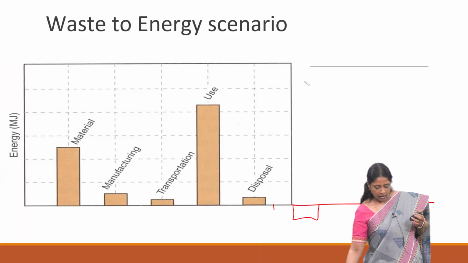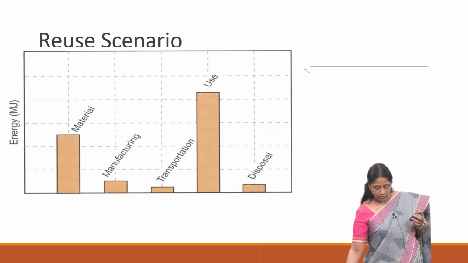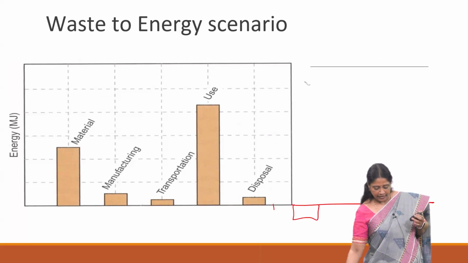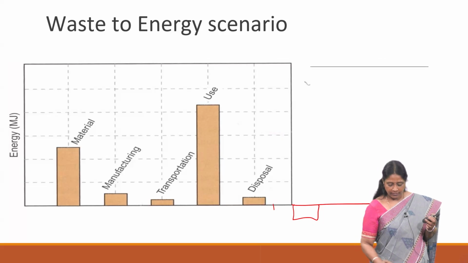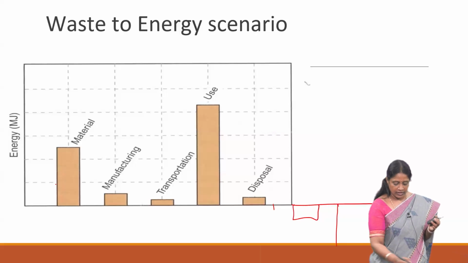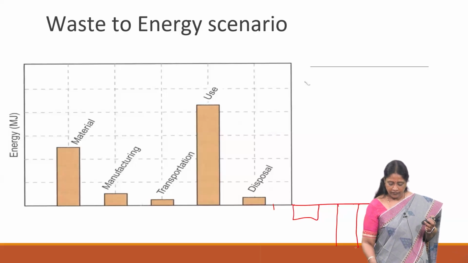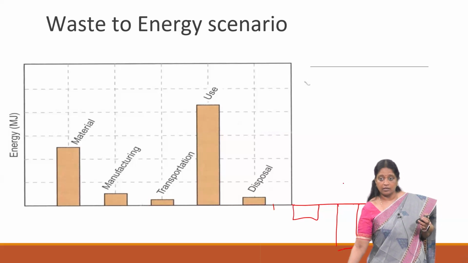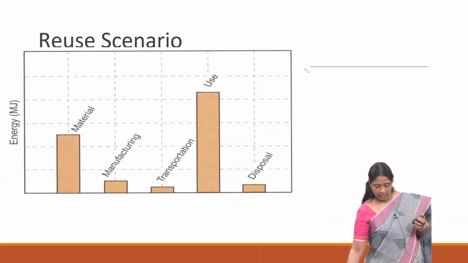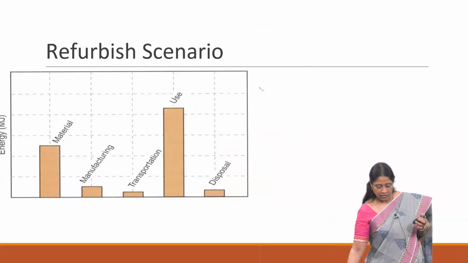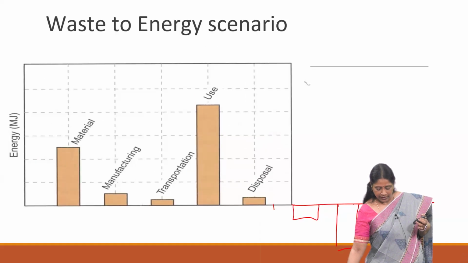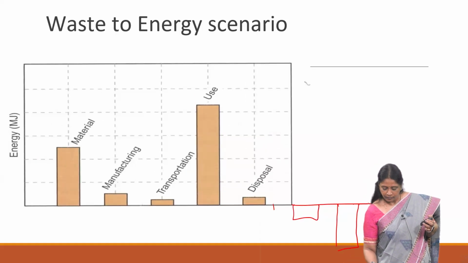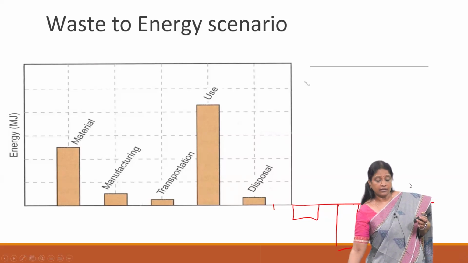So if you're looking at reuse scenario, you're getting the entire thing back. So if you're going to say the material embodied energy is so much, I'm just doing it relative to that, you're getting so much credit back, right? And refurbished scenario, you're incurring some expense, so there is not as much credit.